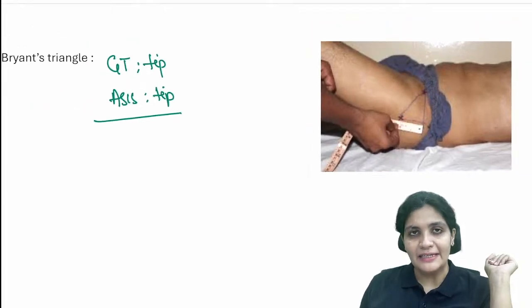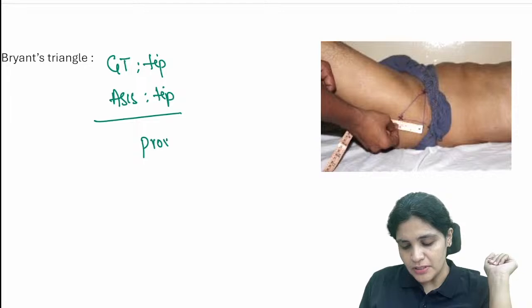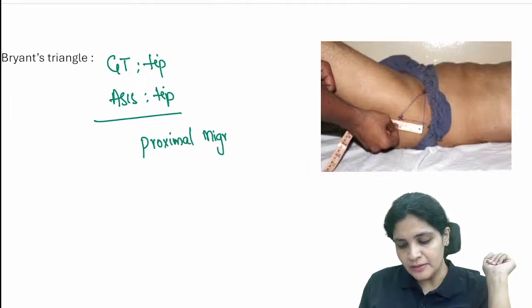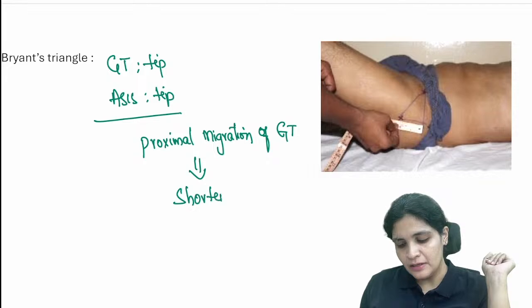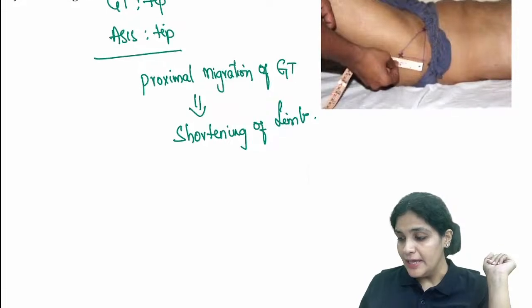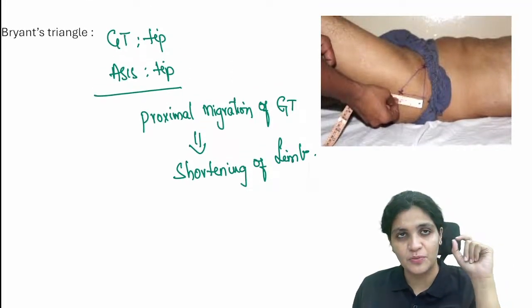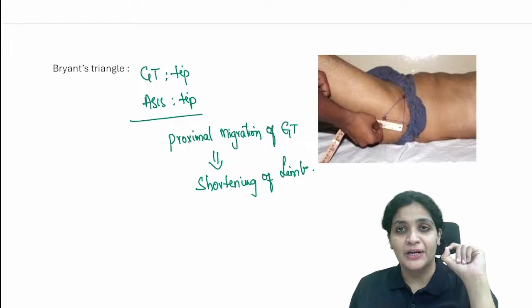Whenever there is a decrease in this distance, that means there is a proximal migration of the greater trochanter, which could result in shortening of the limb, right? There could be a shortening of the limb, and this you see with proximal migration of the GT, with the help of your Bryan's triangle.